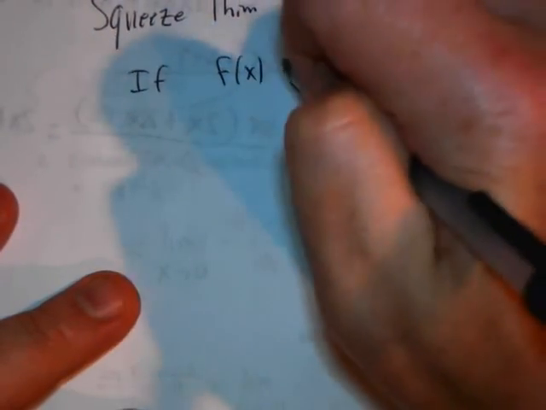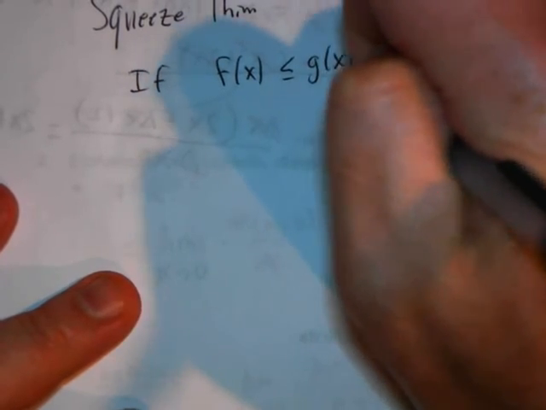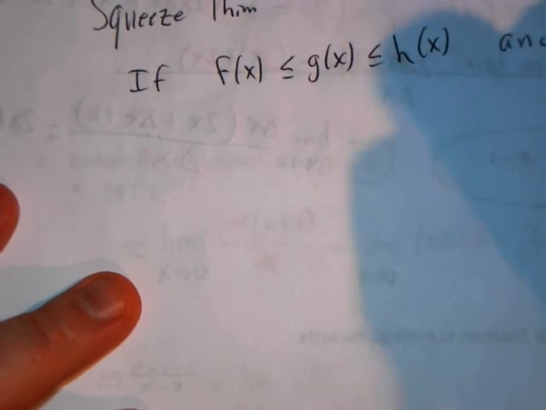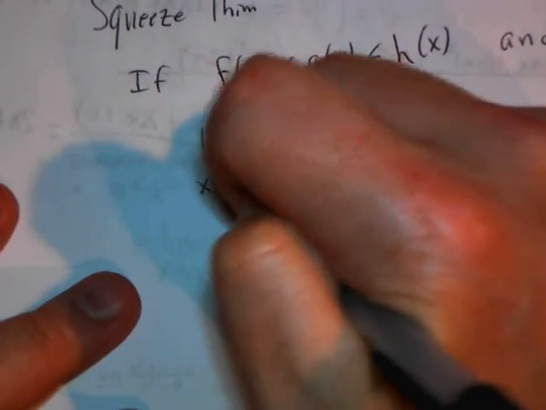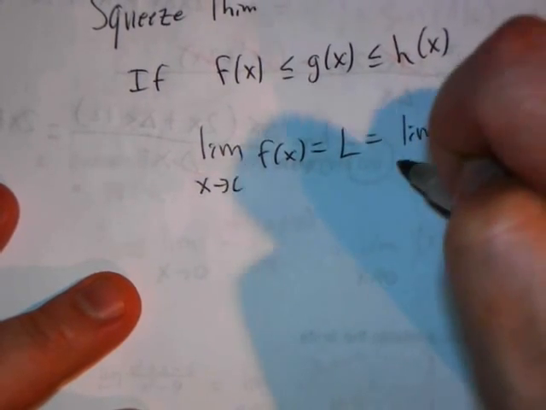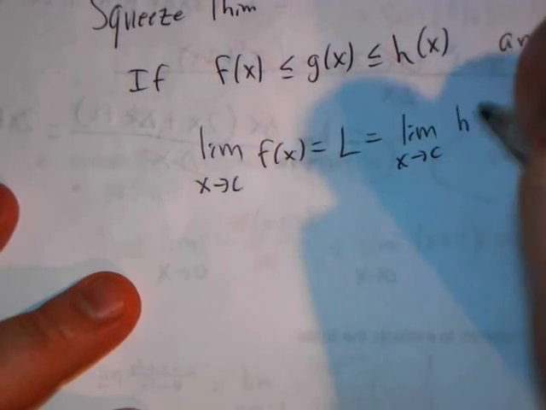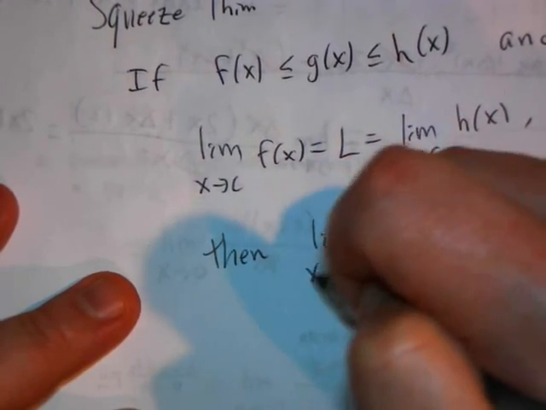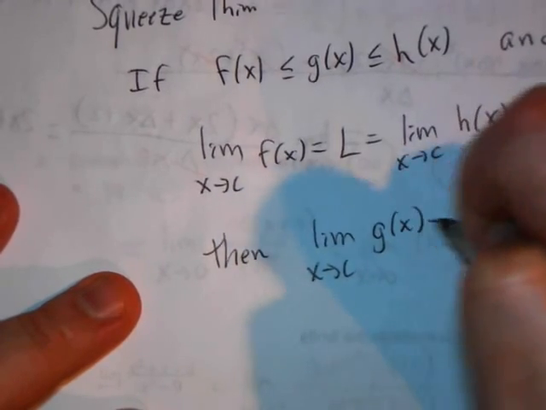The squeeze theorem says if f of x is less than or equal to g of x, and that's less than or equal to h of x, and the limit as x goes to c of f of x equals L, and that's also equal to the limit as x goes to c of h of x, then the limit as x goes to c of g of x is also L.